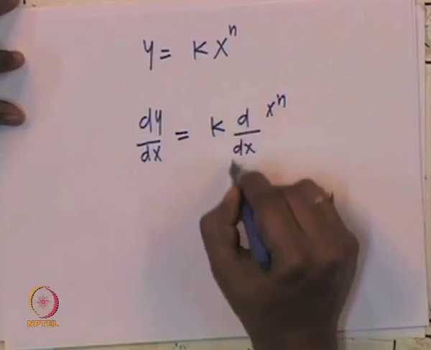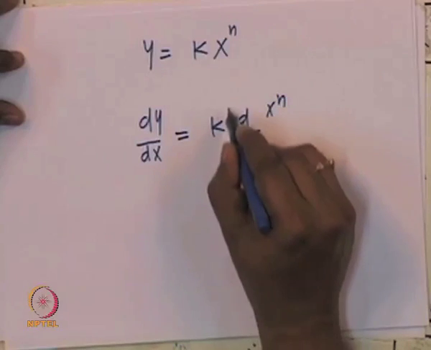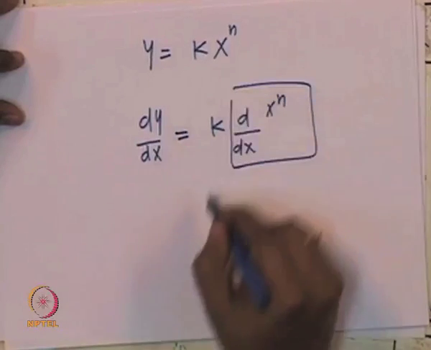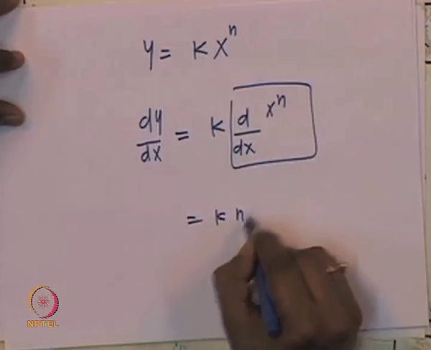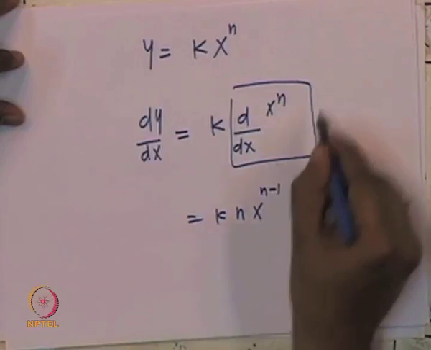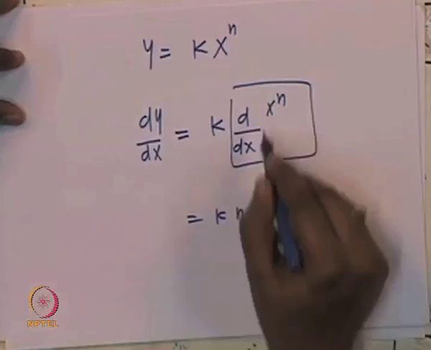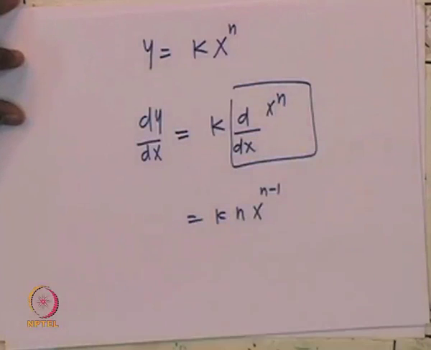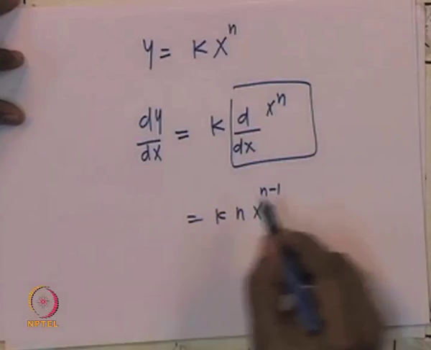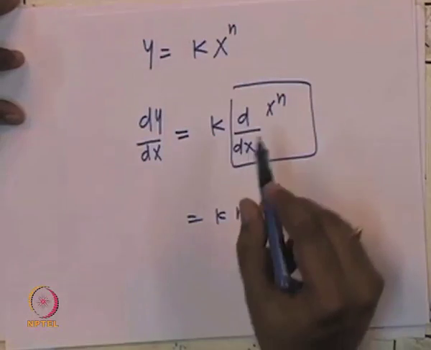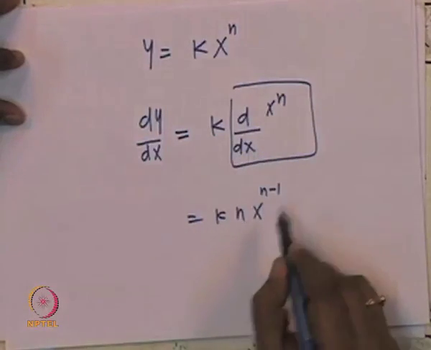We know that d by dx of x power n is n x power n minus 1. So, dy by dx of k x power n is k times n times x power n minus 1.